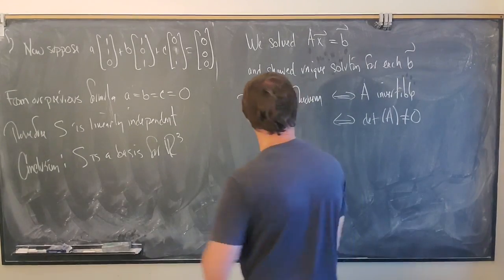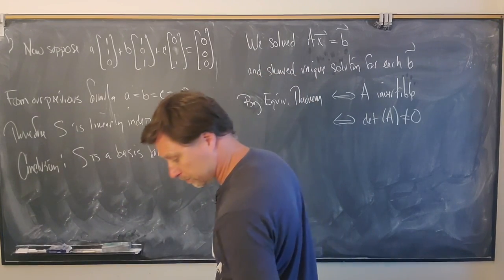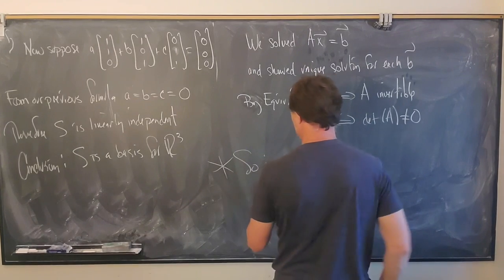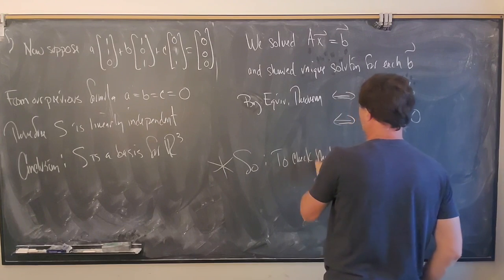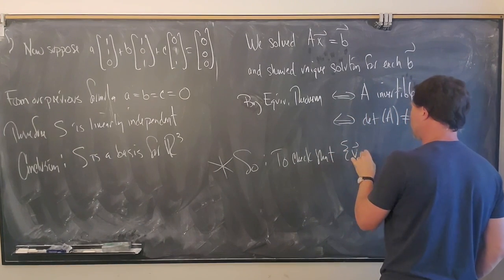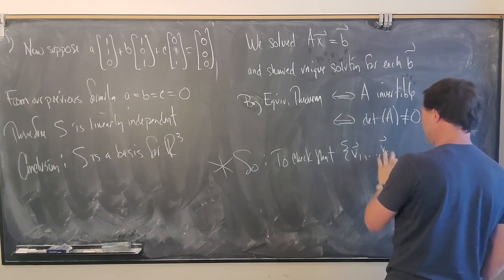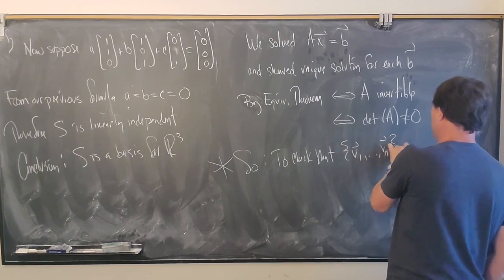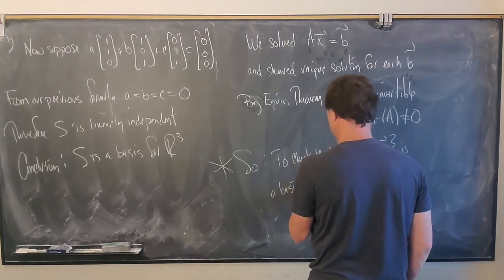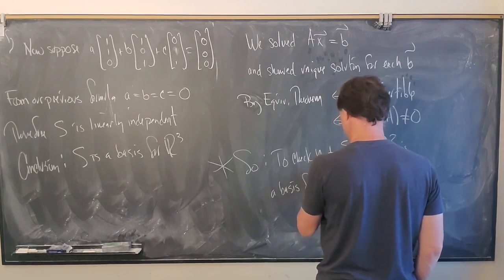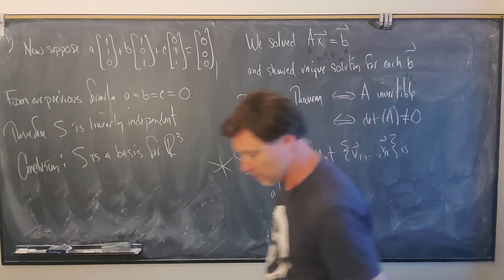So let's summarize that. Let me put stars around here. To check that v1 up through vn is a basis for R sub n, we need a match here, so that the coefficient matrix is square.